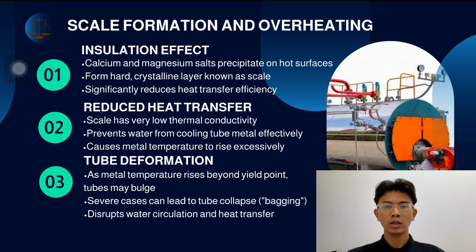Because the water cannot cool the tube effectively, the metal temperature rises excessively, and when the metal passes its yield point, the tube bulges outward due to pressure. In severe cases, this leads to tube collapse, which we call bagging.